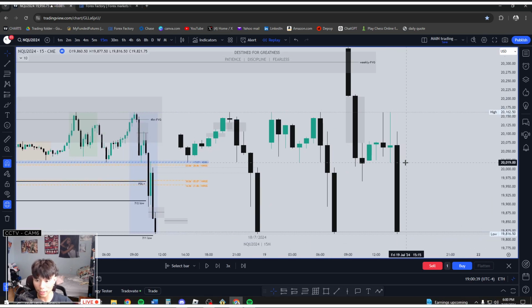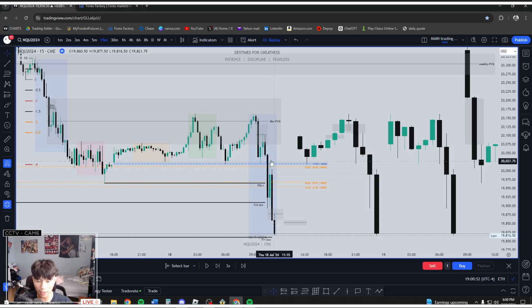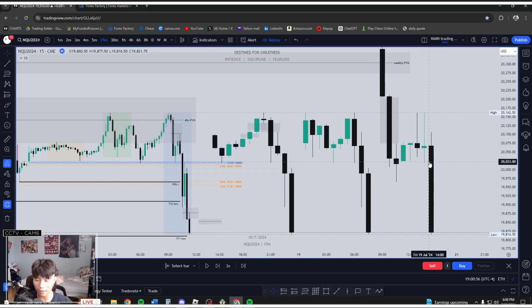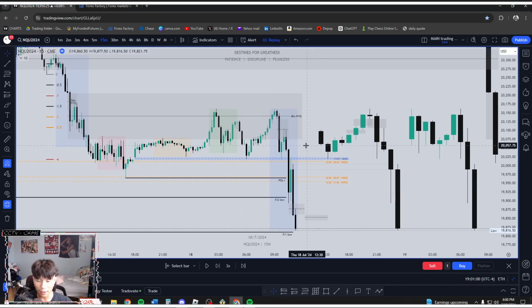On this 4-hour candle, I can anticipate for this 4-hour low to be taken. And same here as the 1-hour and 30-minute. So the 4-hour, 1-hour, and 30-minute, they all have the same objective coming into today, or coming into the 10 o'clock open at least.